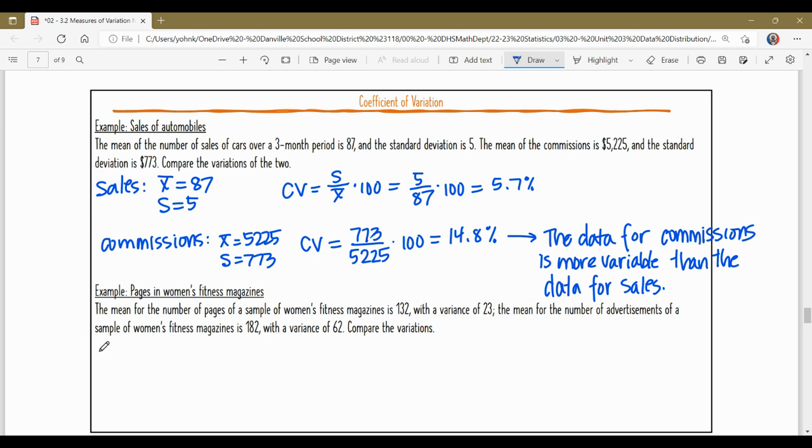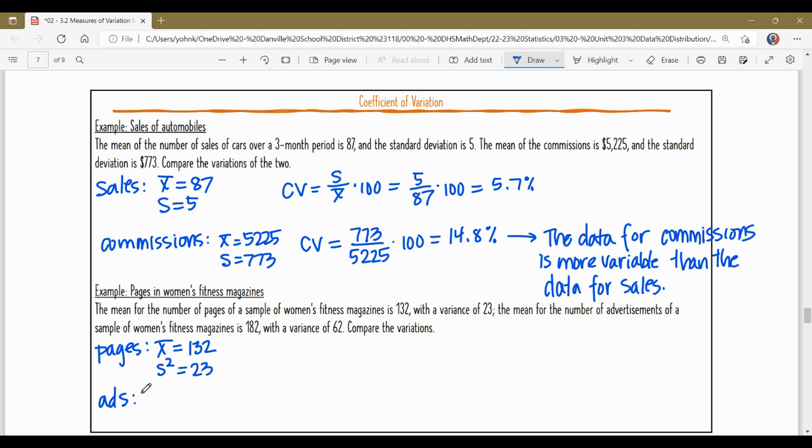Well, we have pages and we have advertisements, ads. For number of pages, we have a mean of 132. And then be careful here. S squared is 23. That's the variance, because it's the variance, not the standard deviation.